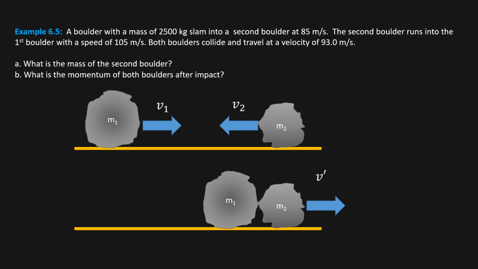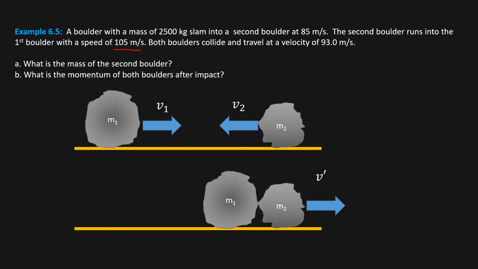Let's look at example 6.5. A boulder with a mass of 2,500 kilograms slams into a second boulder at 85 meters per second. The second boulder runs into the first boulder with a speed of 105 meters per second. Both boulders collide and travel at a velocity of 93 meters per second.